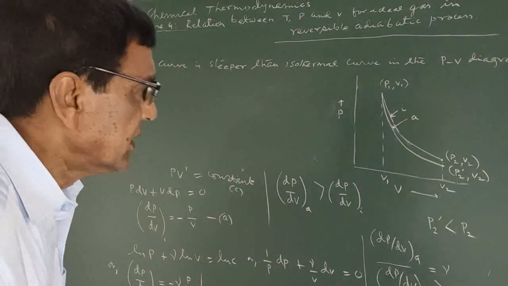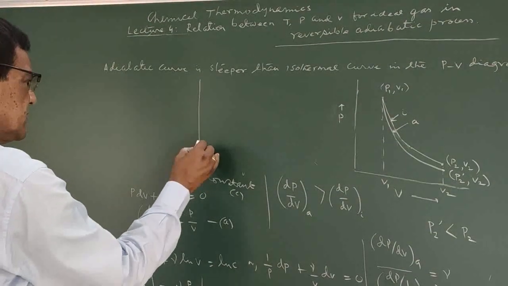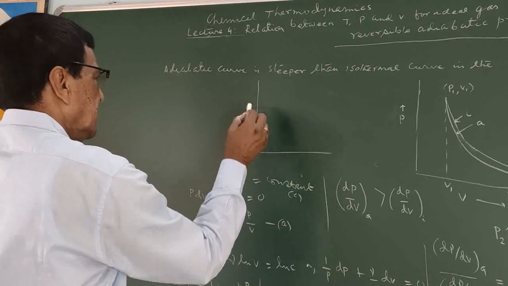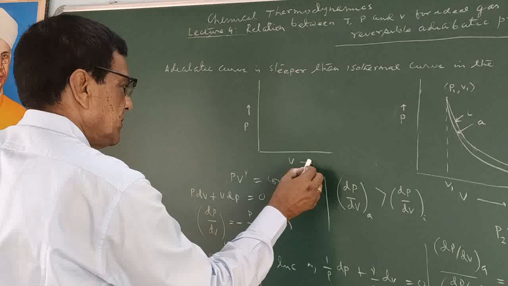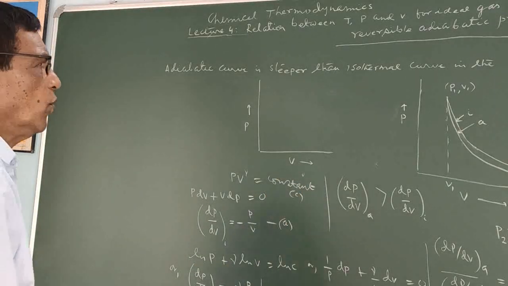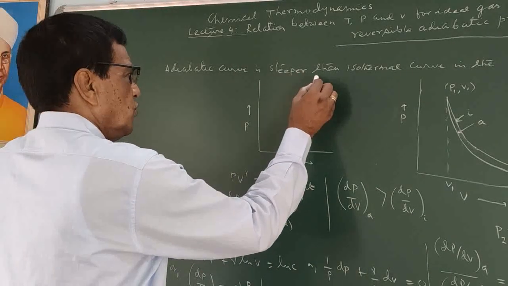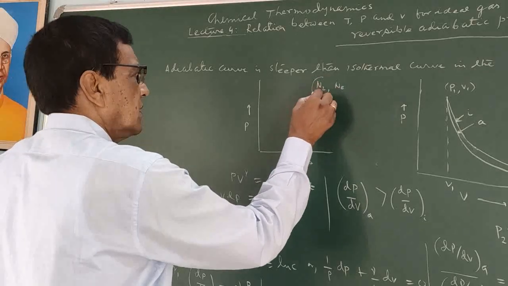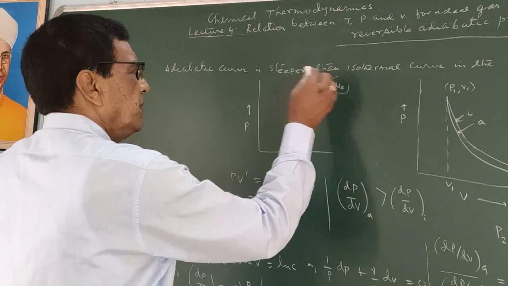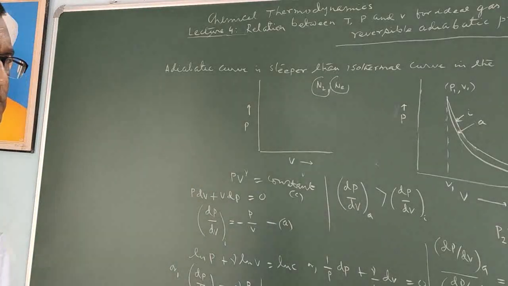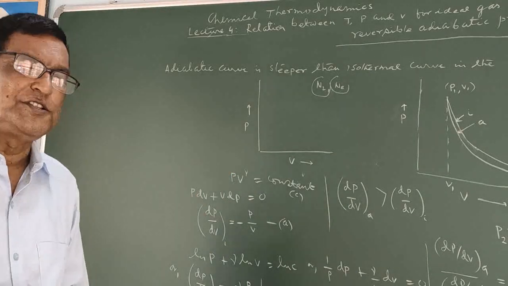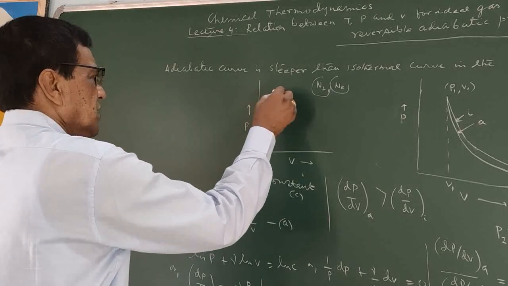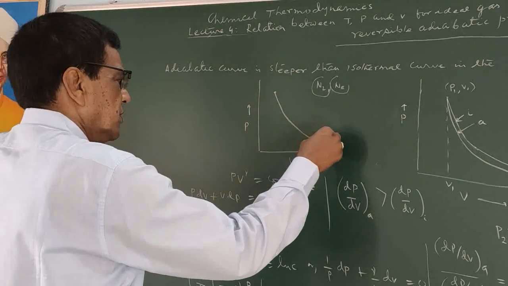Another question. If we do this, here P, here V, reversible adiabatic expansions for two gases, one for nitrogen and the other for neon. What will be the nature of these curves starting from this same initial state? Suppose this is the initial state. So this will be the curve.